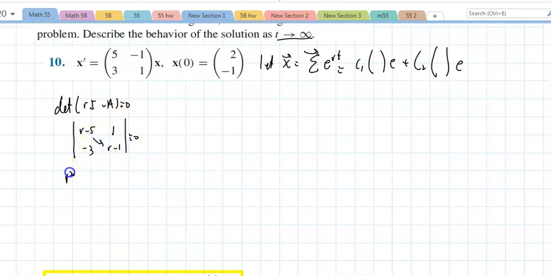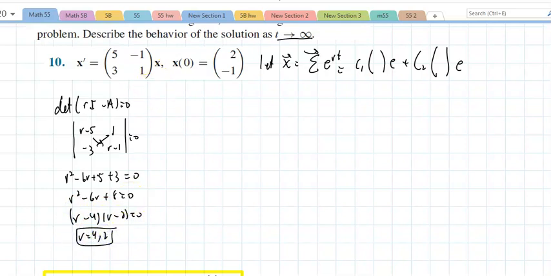That would be r squared minus 6r plus 5 minus a 3 minus a negative 3 plus 3 equals 0. That's going to be r squared minus 6r plus 8 equals 0. And that would be r minus 4, r minus 2 equals 0. So r equals 4 or 2.